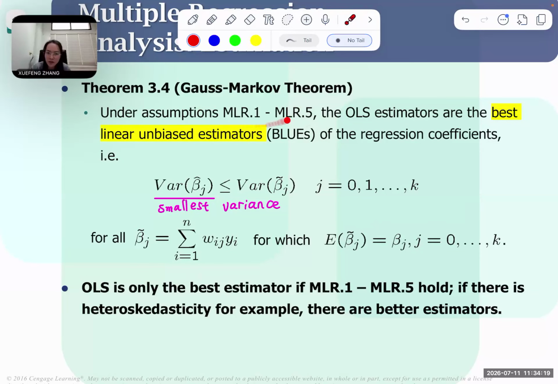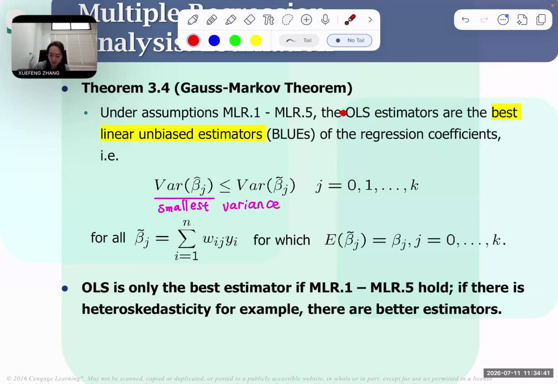This is a very strong, reassuring result. It's why OLS is the default choice in econometrics, not just tradition, and it's the starting point of the estimators that we use in econometrics.